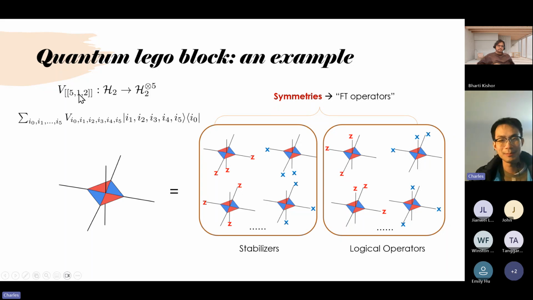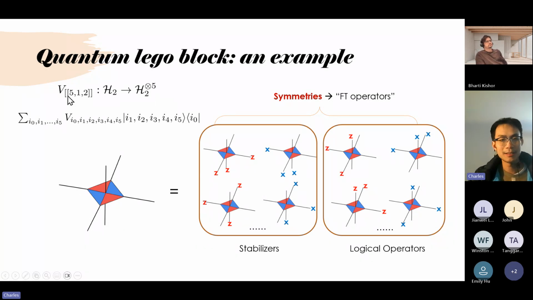So here's an example of a quantum Lego block. We can take any small code, but here we took a 5-qubit code, and you take its encoding isometry, which maps you from a 2 to the 5th dimensional Hilbert space.